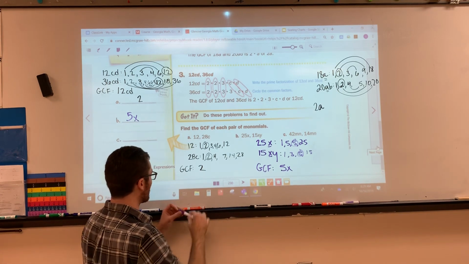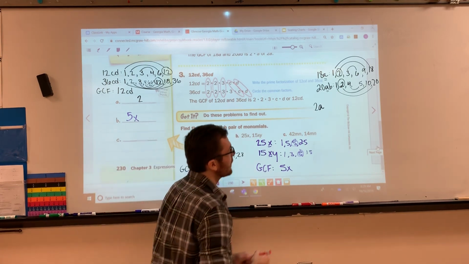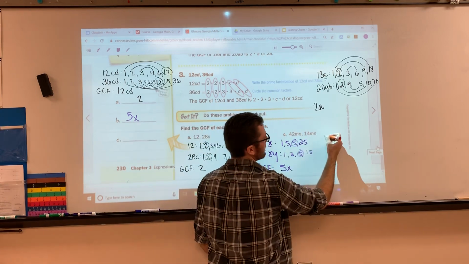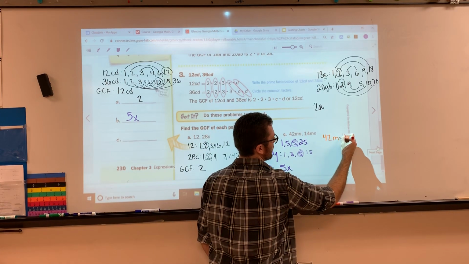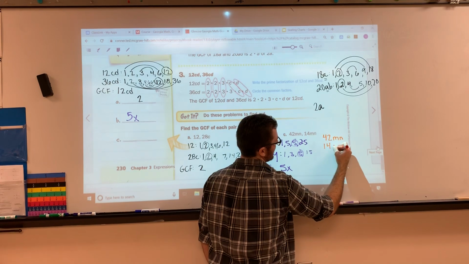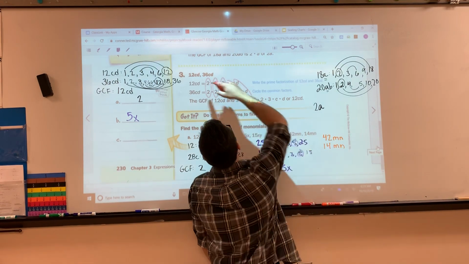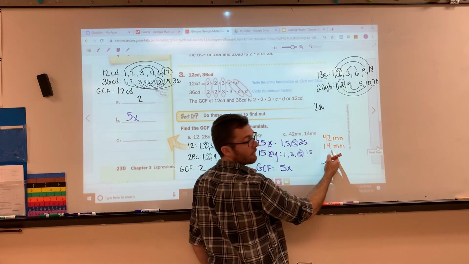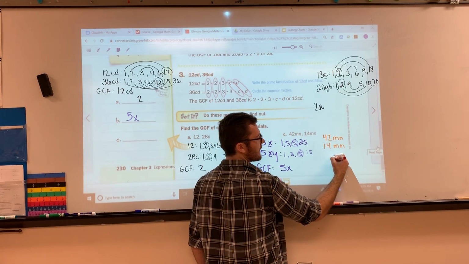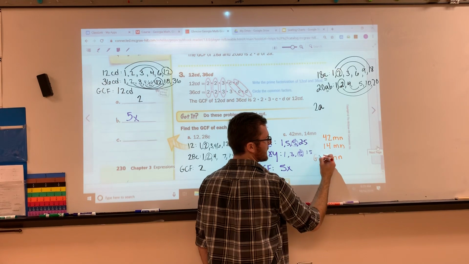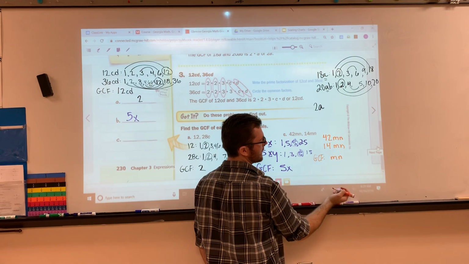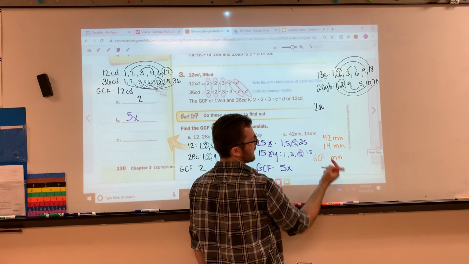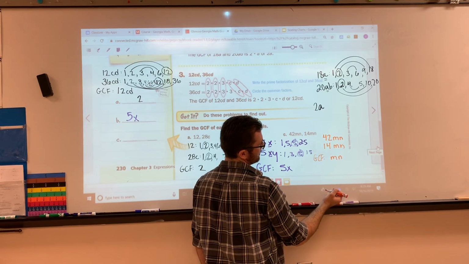All right, now we're getting to C. I have 42mn and 14mn. So this is a lot like number 3. 42mn and 14mn both have mn in common. So the greatest common factor is going to include mn. Well, I also see that they have 7 in common.